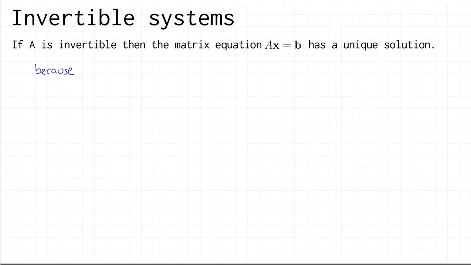Well, the reason is if you've got any solution, so a solution is a column vector u such that A times u is really equal to b, well then you could multiply both sides on the left by A inverse. So A inverse Au is equal to A inverse b. But of course A inverse times A is just the identity matrix. And of course multiplying by the identity doesn't do anything, so you just get u again.